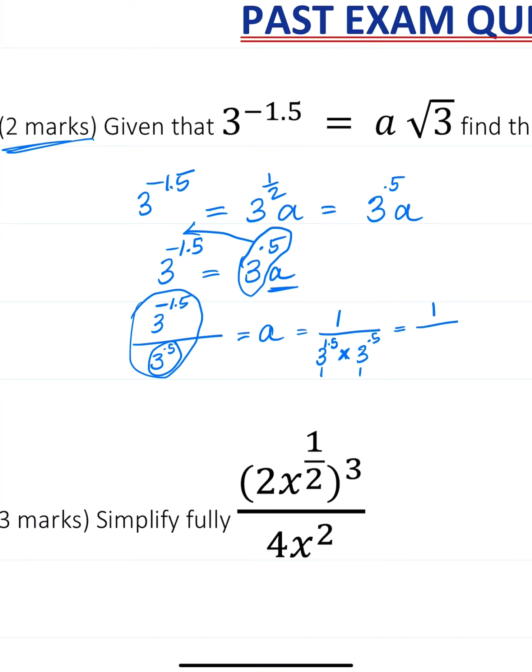We're still 1 over, and 1.5 plus 0.5 is 2. So let's write that down. 3 squared is 3 times 3 is 9. So you can solve that and write it as 9. And so here's our answer. a is actually equal to 1 over 9. Okay.